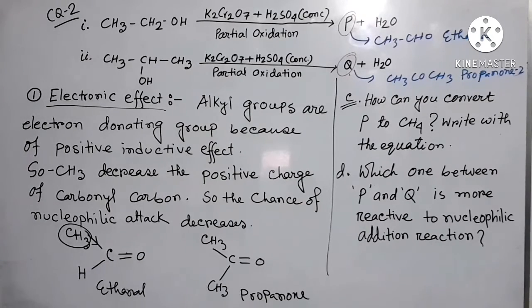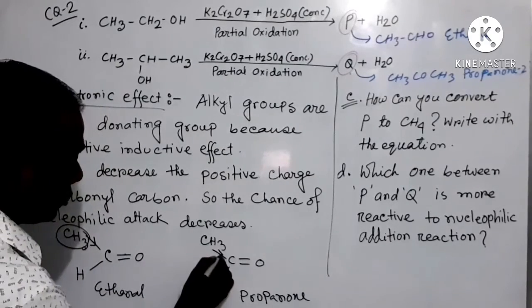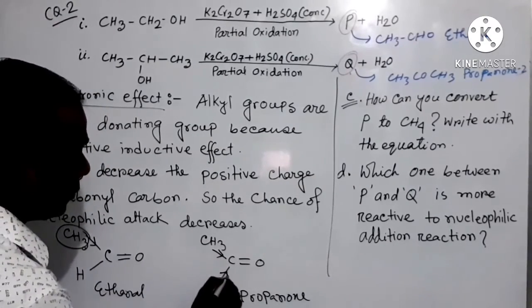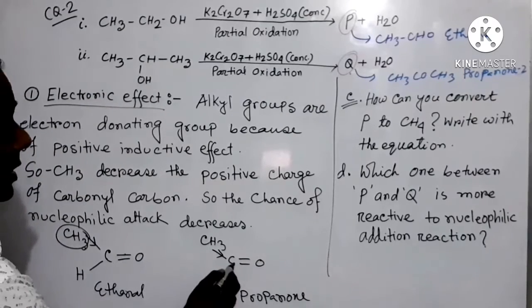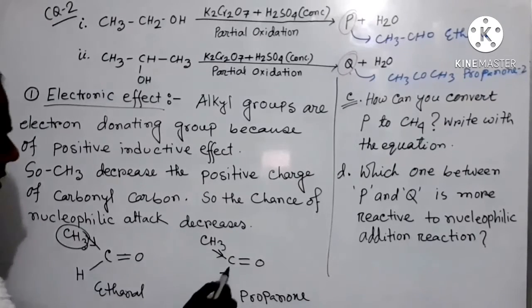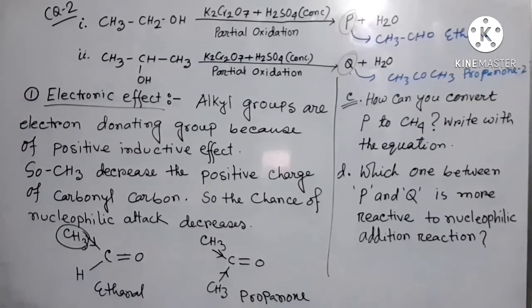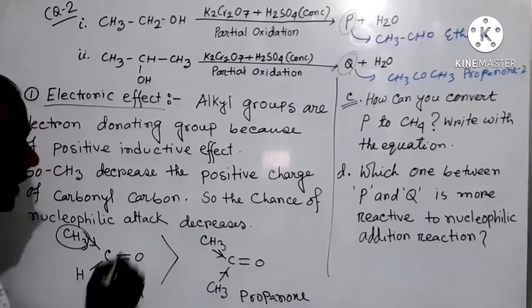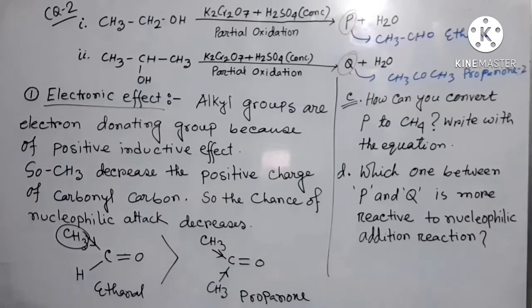In propanone, two methyl groups are present, and they push electrons towards this carbonyl carbon by positive inductive effect, so the positive charge decreases more and more. According to this electronic effect, ethanal is more reactive than propanone in nucleophilic addition reaction.